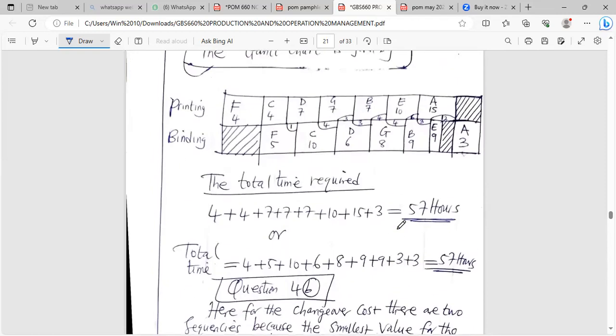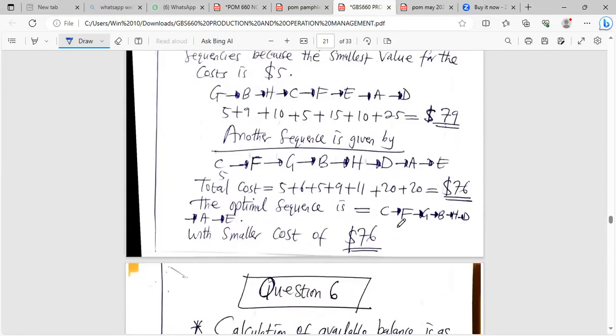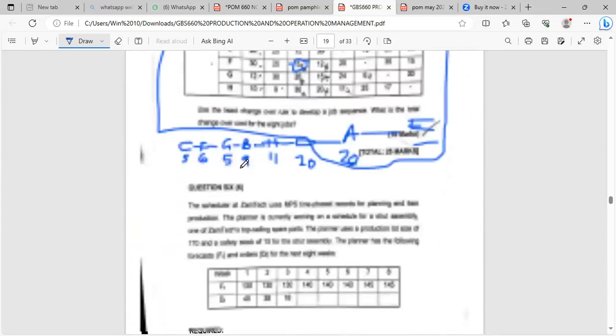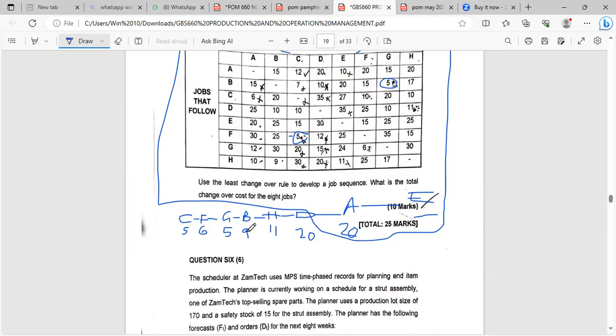So we had the two sequences. The first one was this one, C, F up to E. So this sequence here came from here. We had C, F, G, B, H, D, A, E. You add all these, from the way you started.